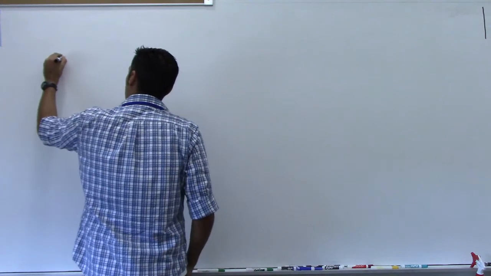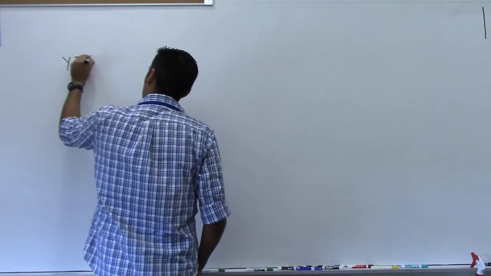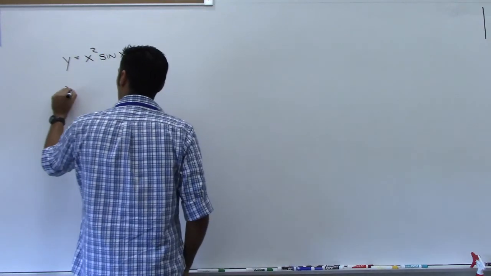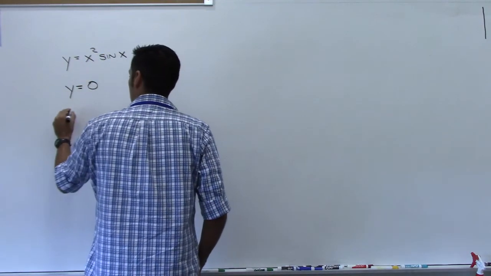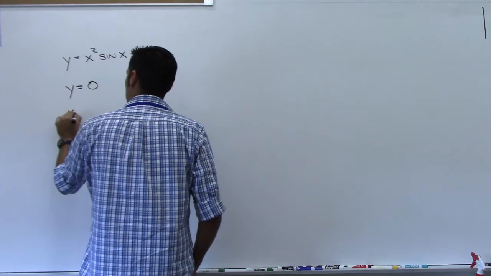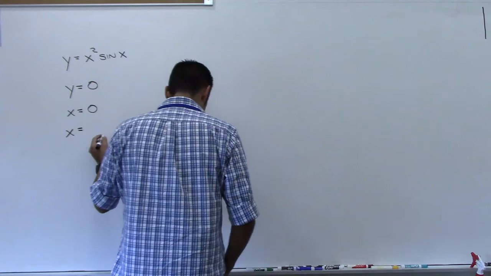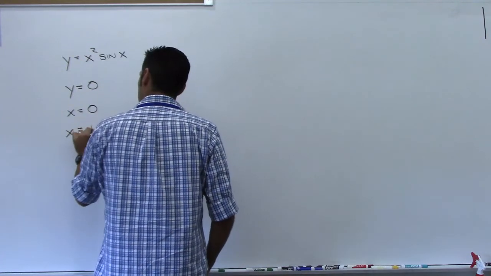Let's say you have y equals x squared sine x. You've got y equals 0. You've got x equals 0 and x equals pi.